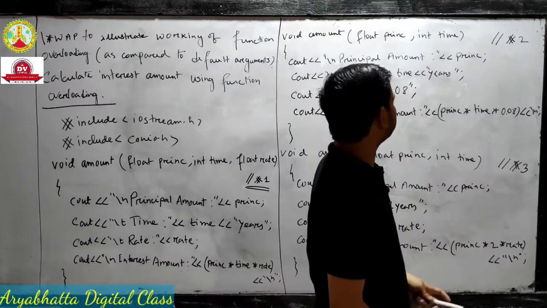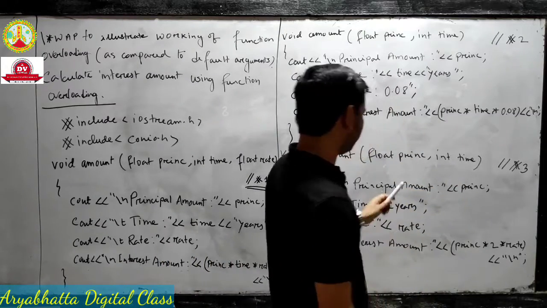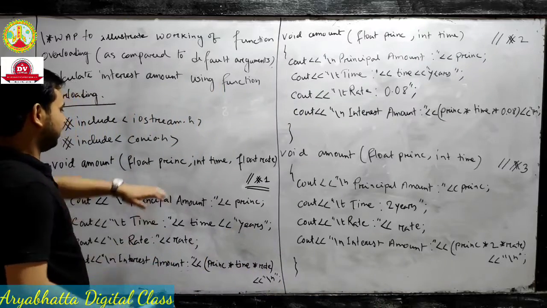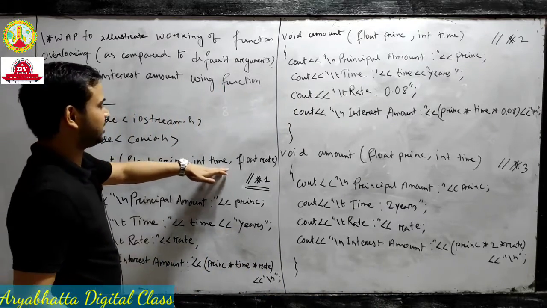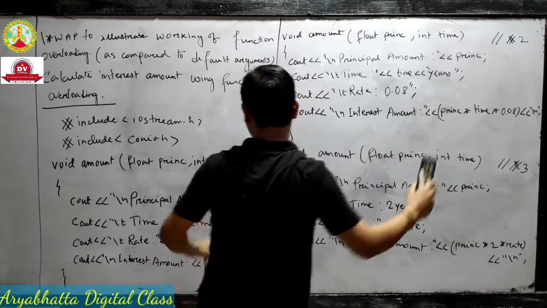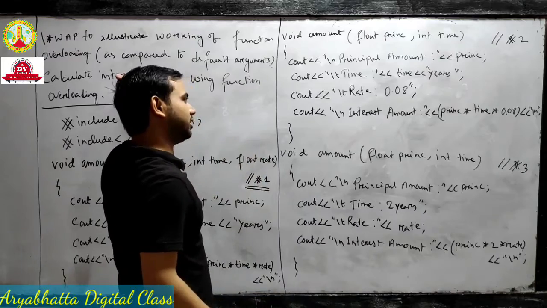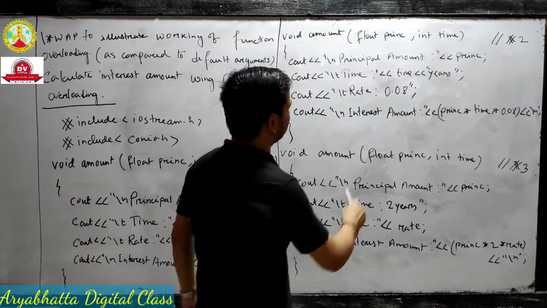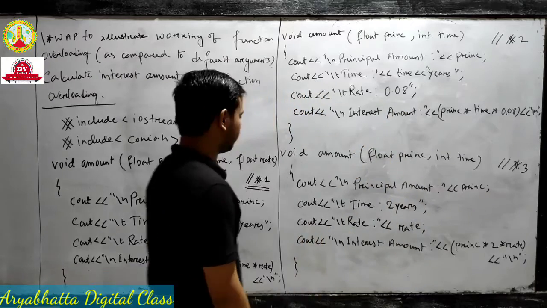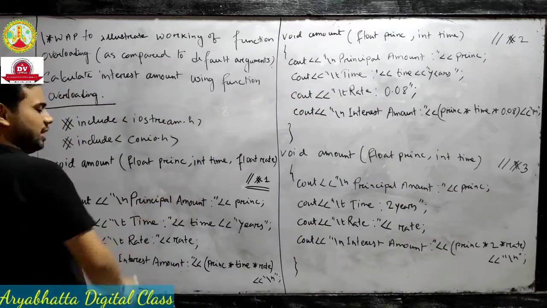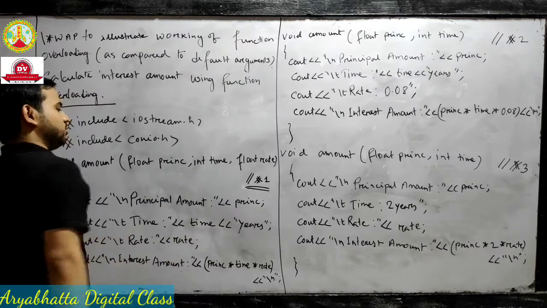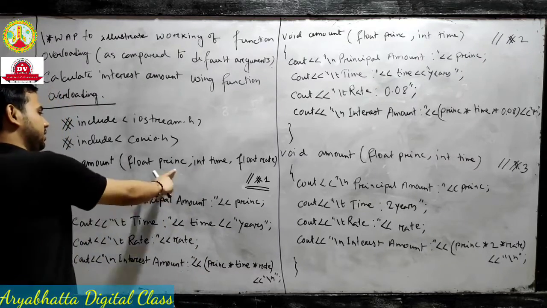Here this is function 2, and here function 3. They are all similar. You see what the difference is here? Float principal, int time, float rate. Here the arguments are float principal and int time; float rate is not declared. Why? Because we already set the rate as 0.08. In function 1 we declare 3 variables: princ, time, rate.